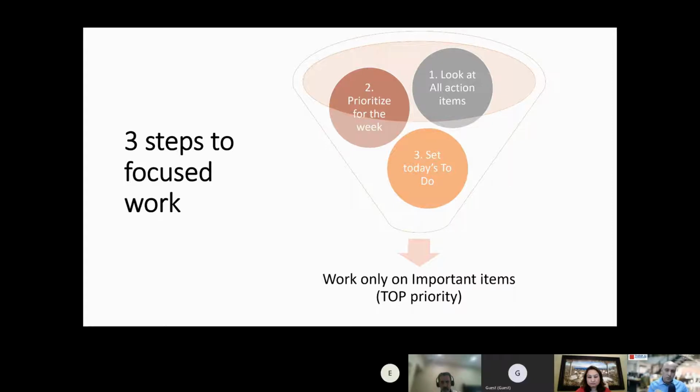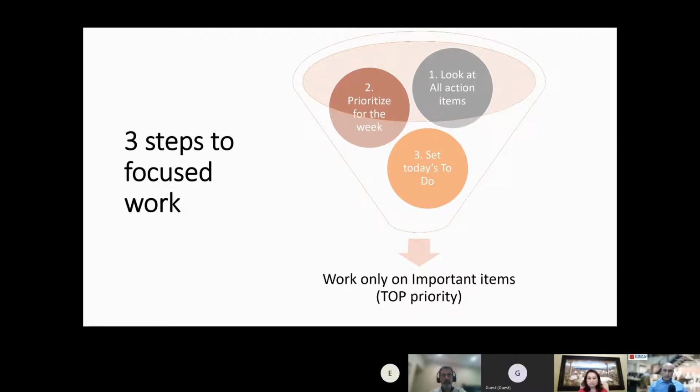Unless you have a clear to-do or very few actionable items, it is just going to be chaos. So look at all action items, and I'm going to go into more detail, but everything has to come into a place where you can track. Second, you have to look at the week level.